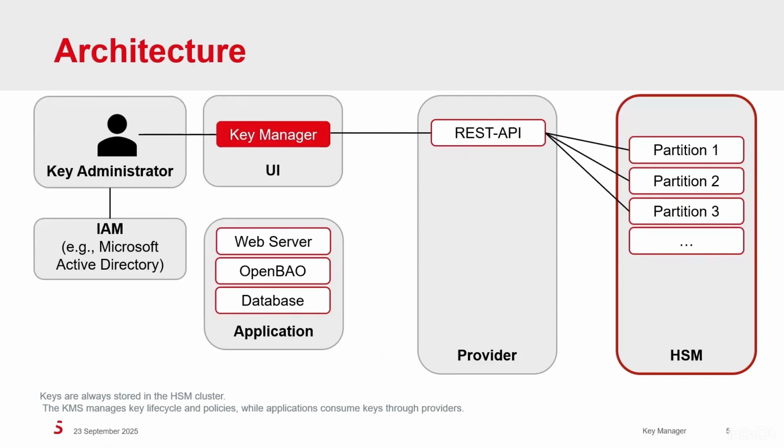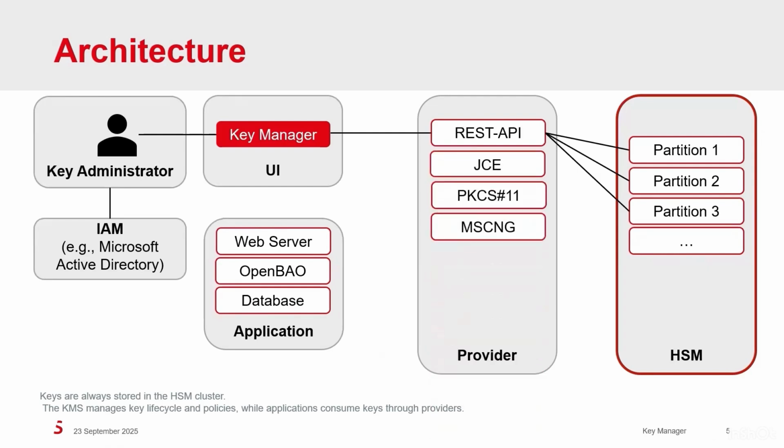Key usage is where the applications we have been integrating with, or partners, have been integrated into us for the key usage. So things like web servers, Nginx, Apache, OpenBao solutions, or even databases are using the keys generated by the key manager user interface using the standard providers such as JCE, PKCS11, or Microsoft CNG for Microsoft applications.